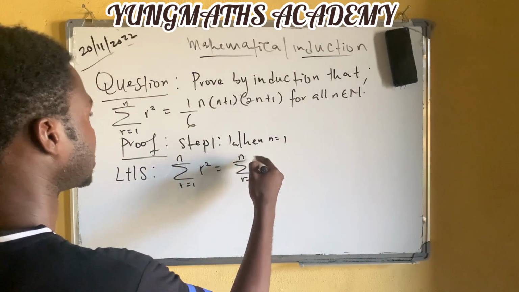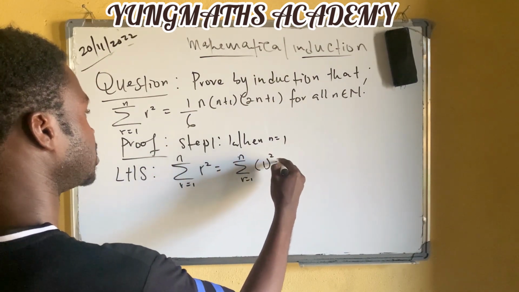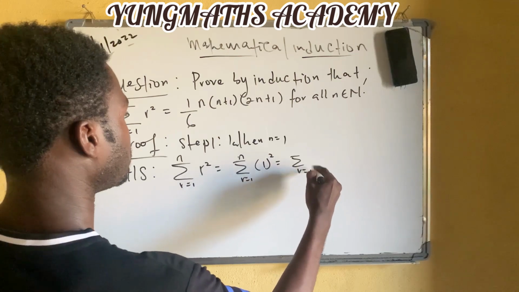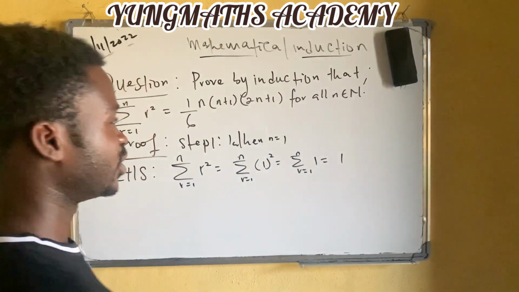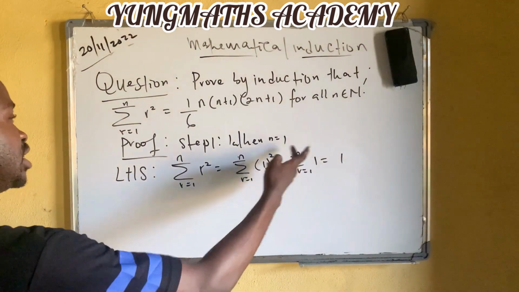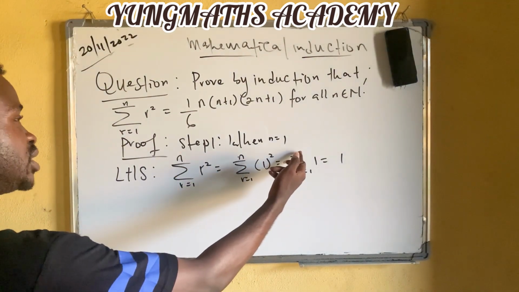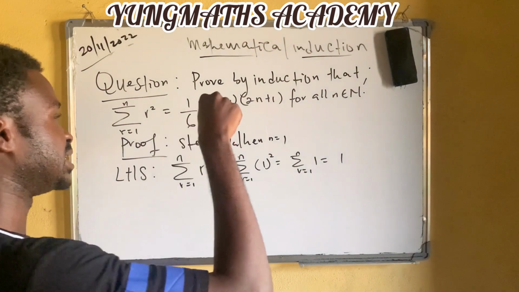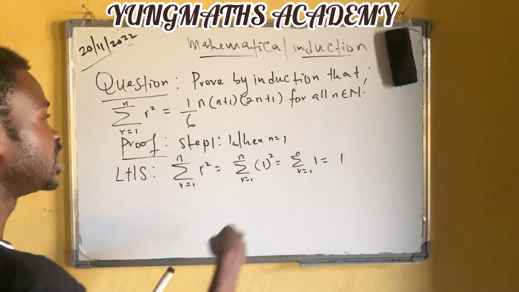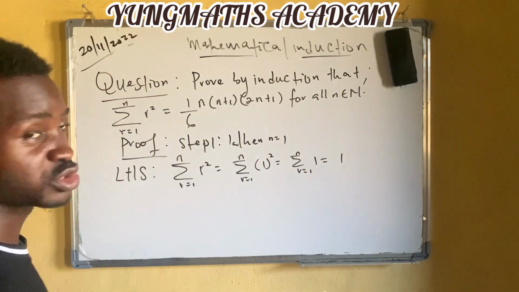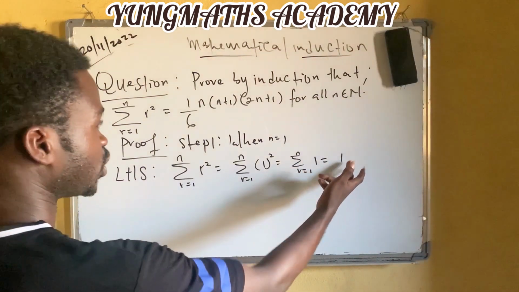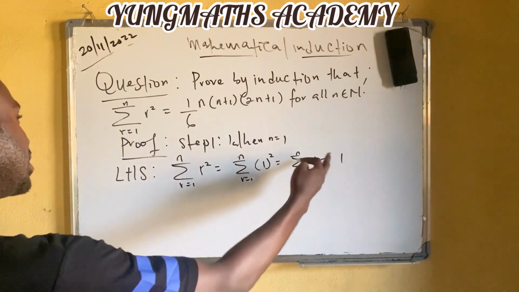That simply means I am saying 1 squared, which is the summation of 1, and that is equal to 1. When r is 1, n is 1, the same thing as substituting n here to be 1. Means r is exactly at 1, and when r is 1 in a function, this is a constant function, 1. So the sum of these will leave us with 1. So we have 1 there.